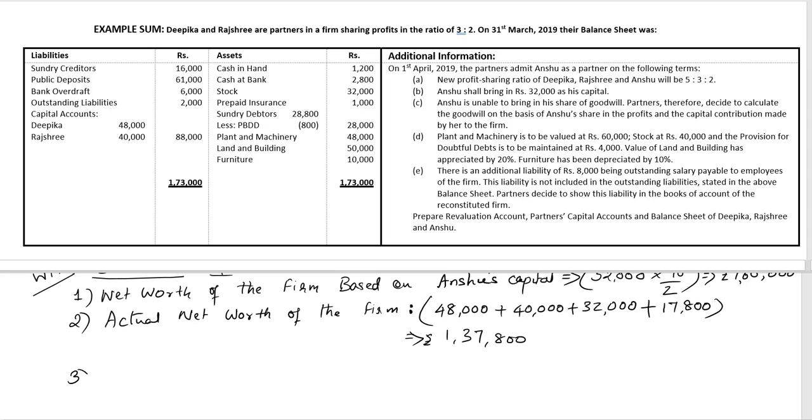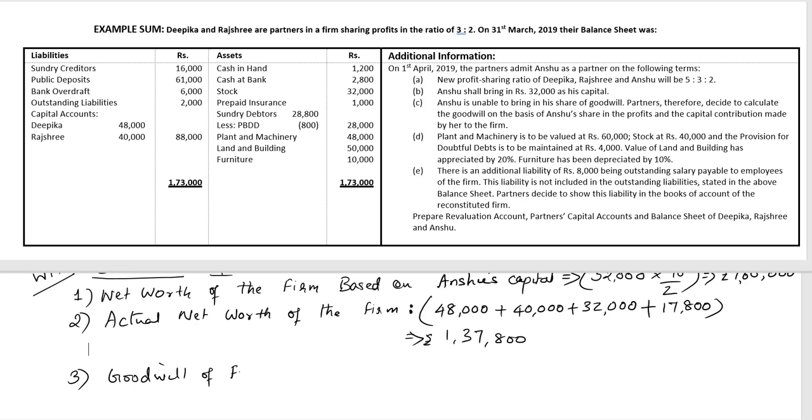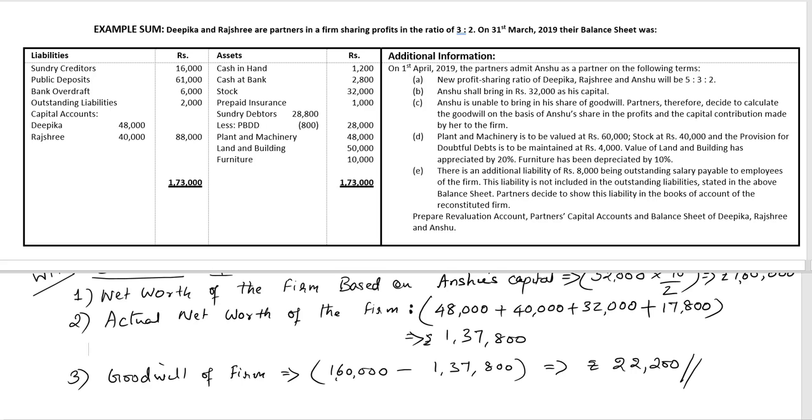Third step, goodwill of firm is equal to the answer of step 1, which is 1,60,000 rupees, minus the answer of step 2, 1,37,800 rupees. This gives us rupees 22,200 as the goodwill of the firm.